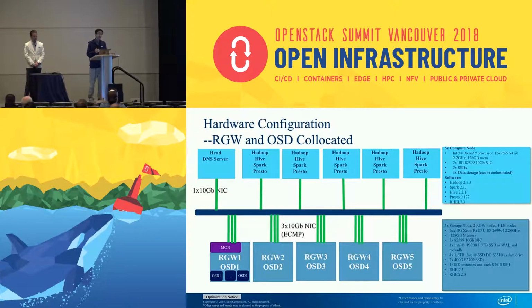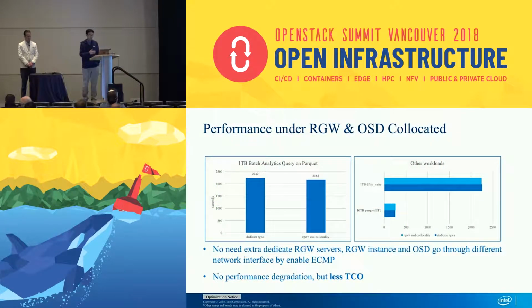So we can separate the Ceph public cluster network and also the Redis gateway network. By using this architecture, we can see the performance actually doesn't change much. But obviously, we saved 5 accessing nodes and also the network NICs. So the TCO is much less.